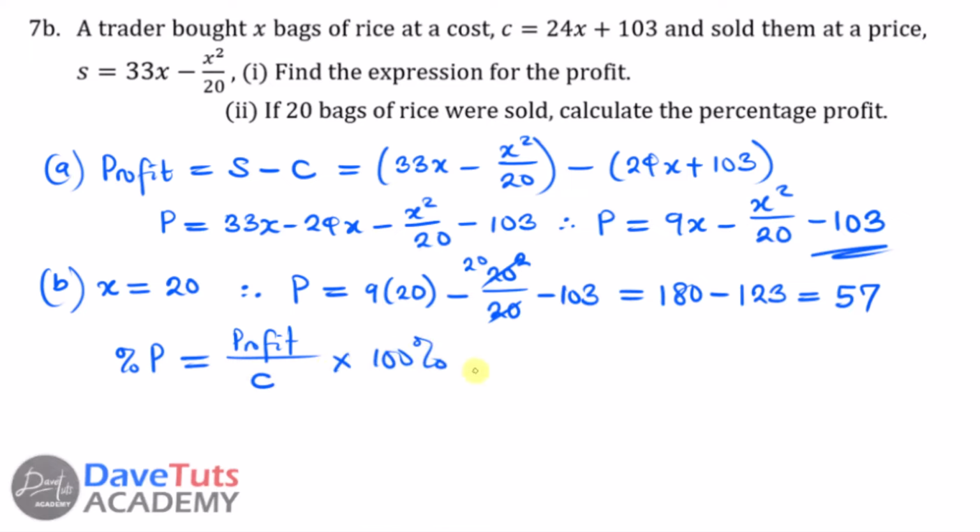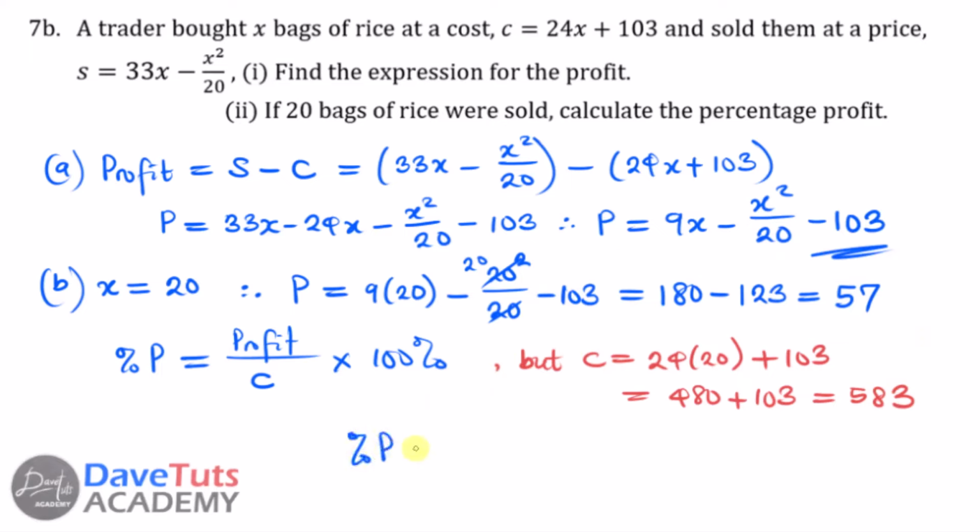Now for us to solve this, we can just record that C was given as 24x plus 103. So our C is going to be 24 times 20 plus 103. 24 times 20, that is 480, plus 103, that is nothing but 583. So conclusively our percentage profit will be the profit, which is 57, over the cost price, which we just evaluated to be 583, multiplied by 100%.